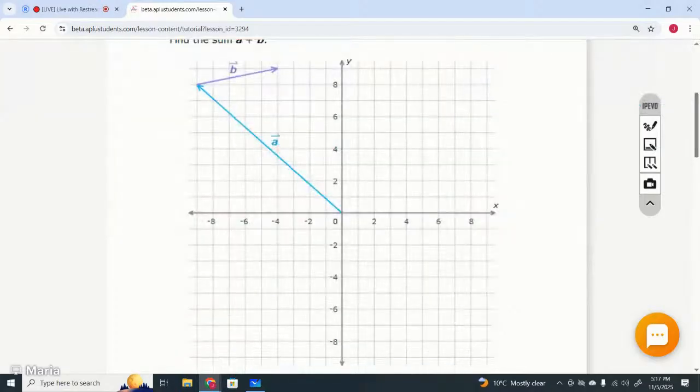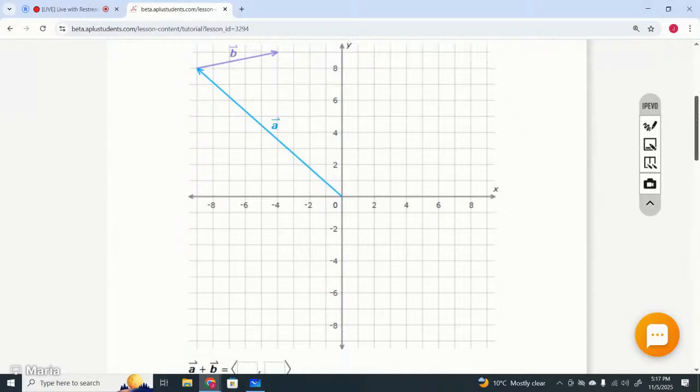Find the sum a plus b. So we are going to find the sum of the vectors a and b.